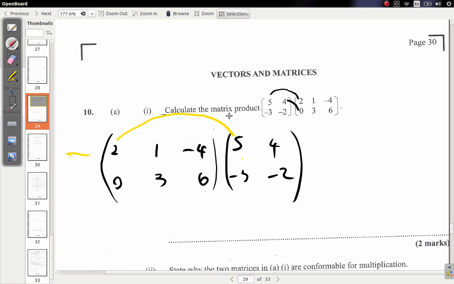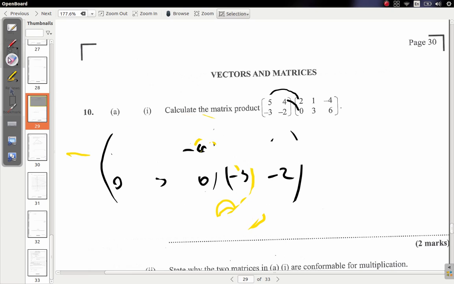It's row by column. Then you plus second in row 1 times the second in column 1. And you say third in row 1 times, and you cannot find anything down here because you have 3 columns in the first and only 2 rows in the second. Remember, it's row by column. It would not work in this case.